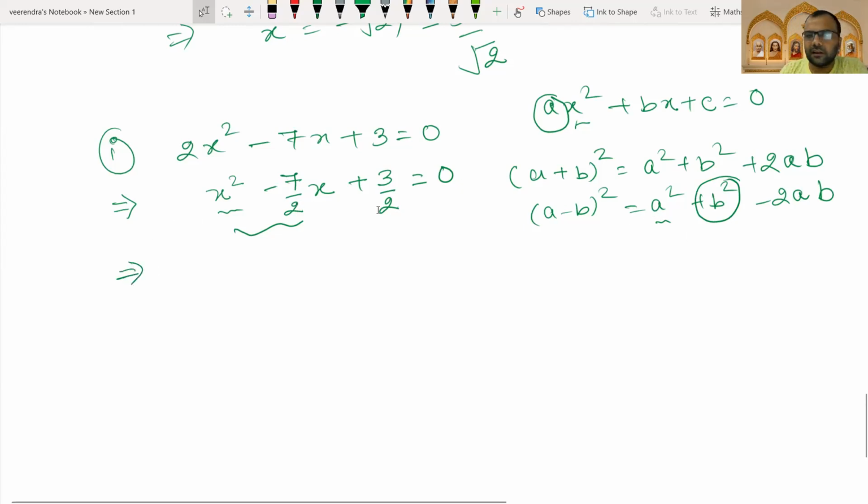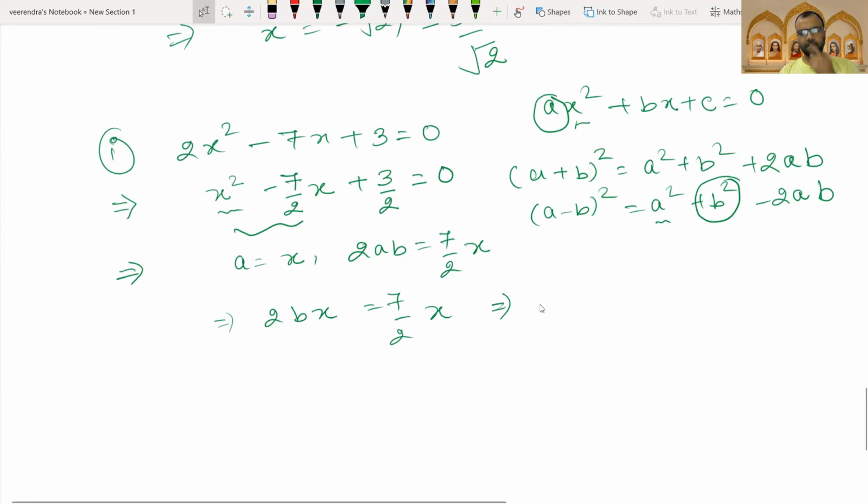So from here we can write the value of a is x, a equals x, and 2ab equals 7 by 2 x. So when we put a equals x here, it will become 2bx equals 7 by 2 x. From here we can write b equals 7 by 4.